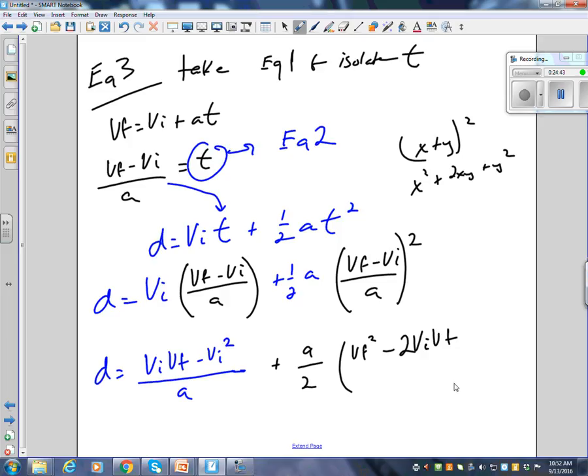Minus 2 Vi Vf plus Vi squared, and it's all over A squared. I told you you needed a fresh page. A squared, Braden. You have to square the bottom as well. It's okay, man. Okay. Vf squared minus 2 Vi Vf plus Vi squared.